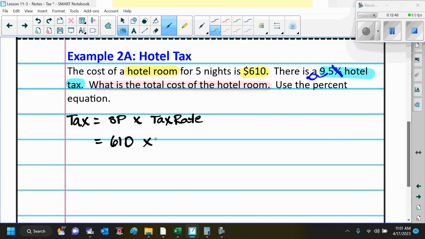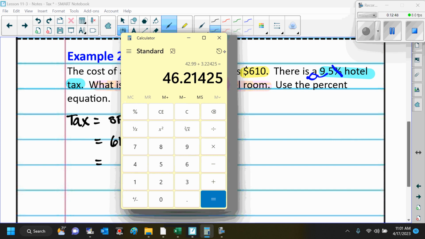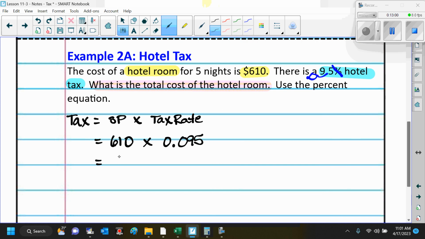So we're going to multiply times 0.095. So we've got 610, that's for the 5-night stay, times 0.095, and you get, very good, $57.95. So we didn't even have to round anything, right?